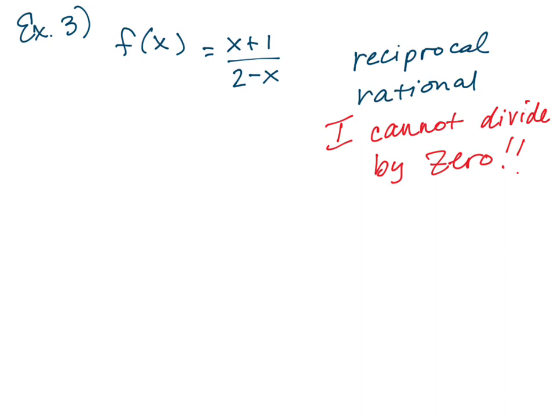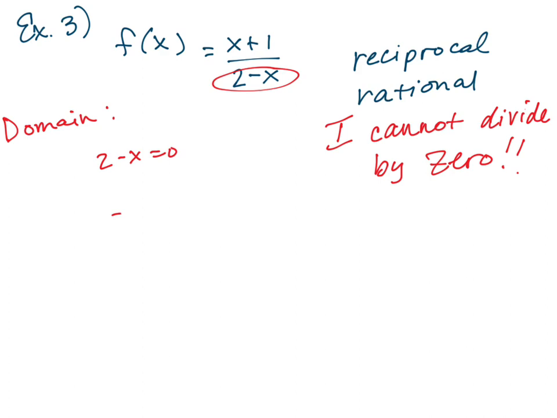X can be any number except the number that puts 0 in this denominator. So how do I find that? We set the denominator equal to 0 and solve for x. Can we do this before? What's the denominator? The bottom cannot be 0.